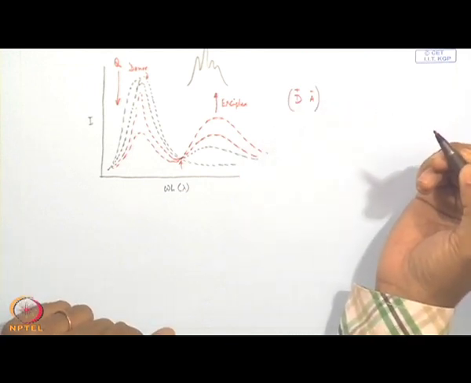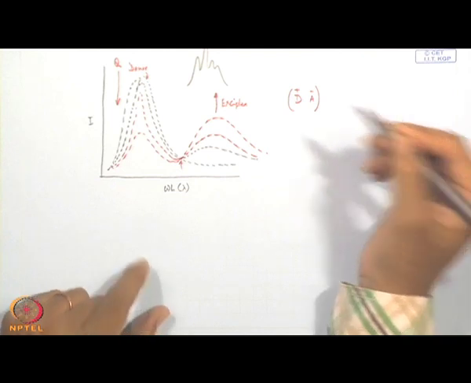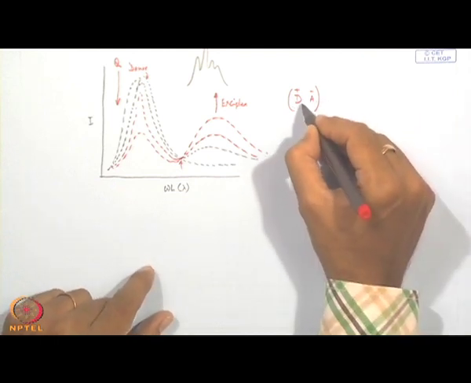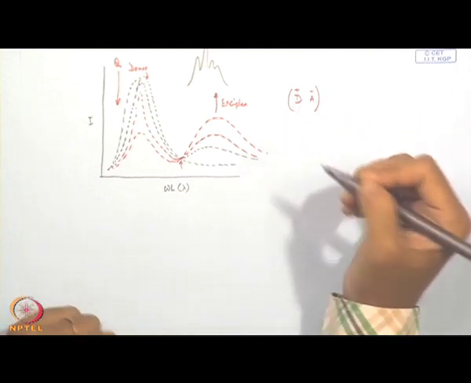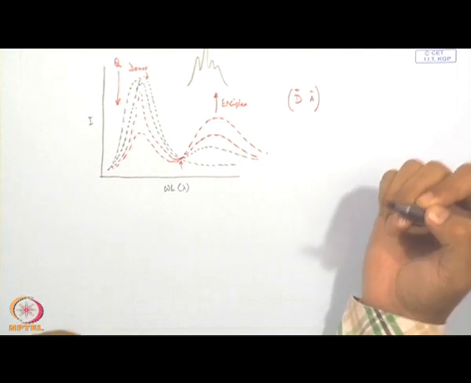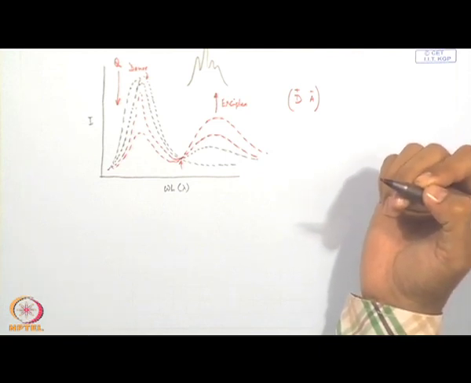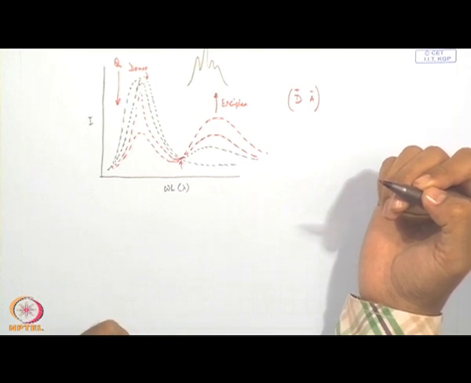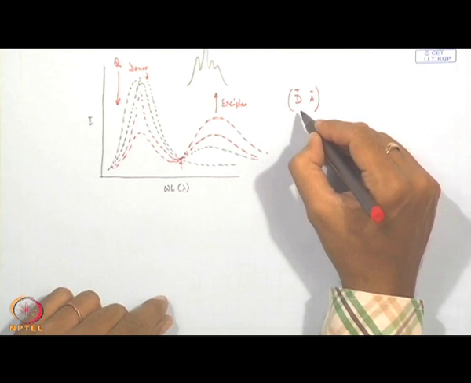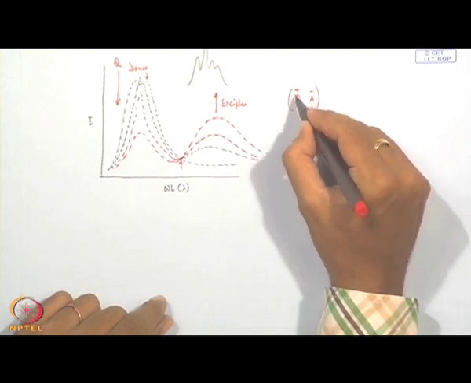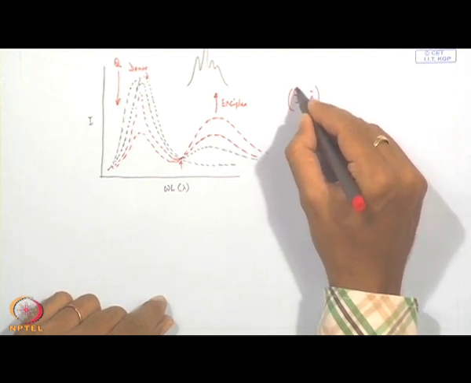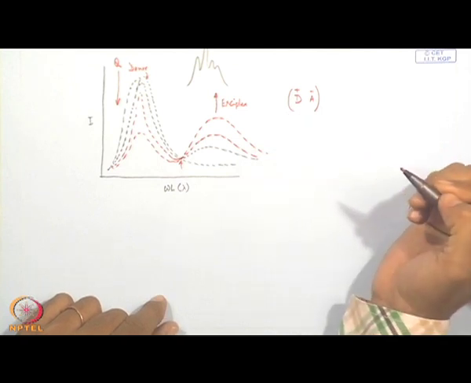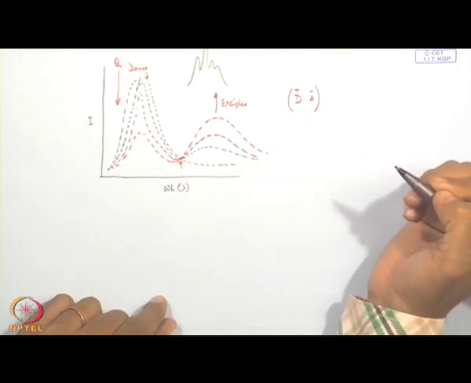Okay. So, what you do is, if you change the polarity of the solvent in which you are studying the experiment, then what do you expect? This donor acceptor charge separation will be very much dependent on the polarity of the solvent you are using.